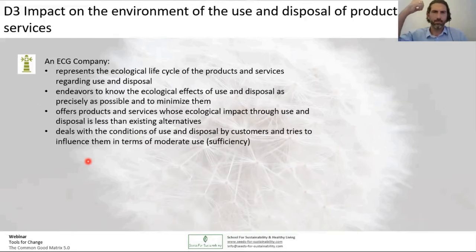So this manual of the common good also defines then what is the common good company in that area, to have an idea of what has the company to do, or what's the identity of common good company in this area. Represents the ecological life cycle of the products and services regarding use and disposal. That's what we talked about.